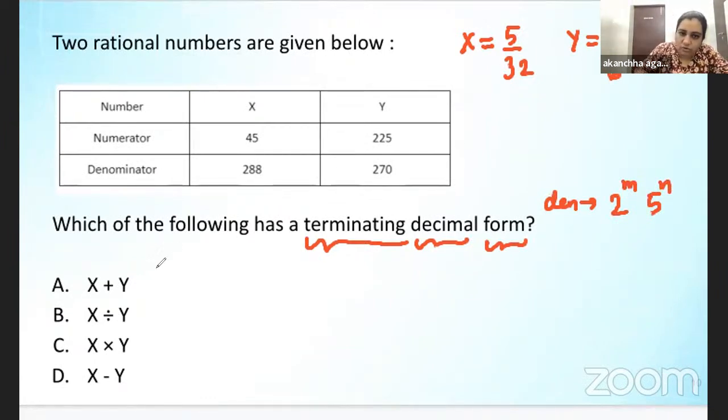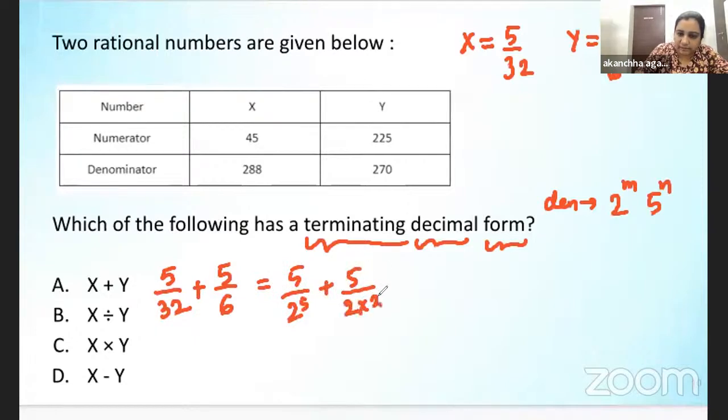Now, we are going option wise in this question. If you do x plus y, we have 5/32 plus 5/6, which is 5/2⁵ plus 5/(2 times 3). So when you take the LCM, you will get 2⁵ times 3 as the LCM.